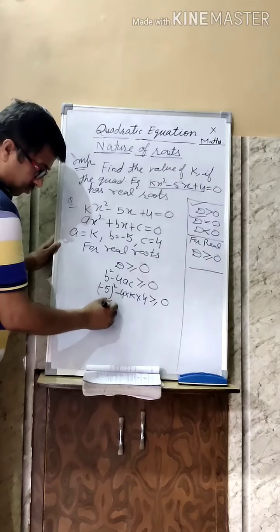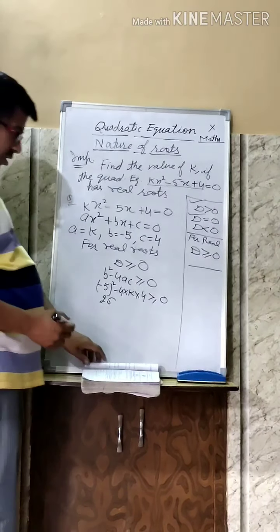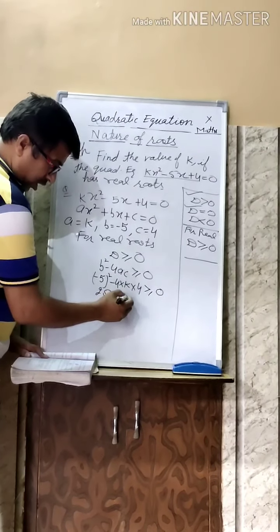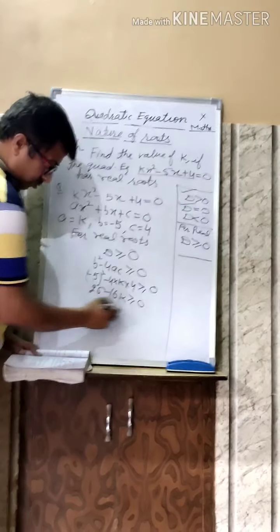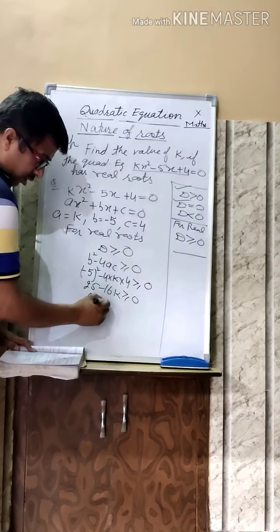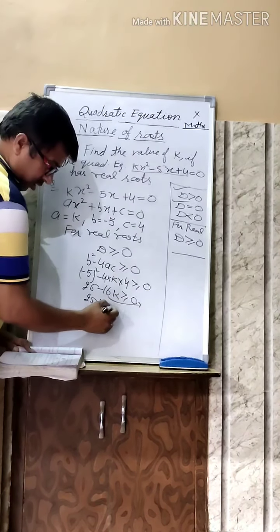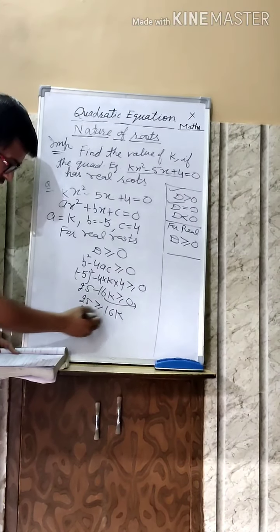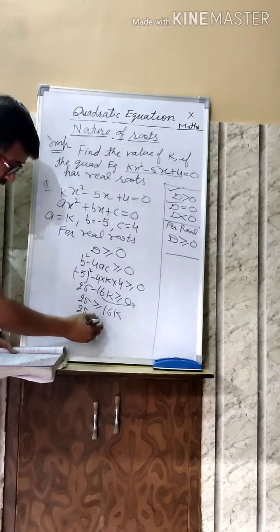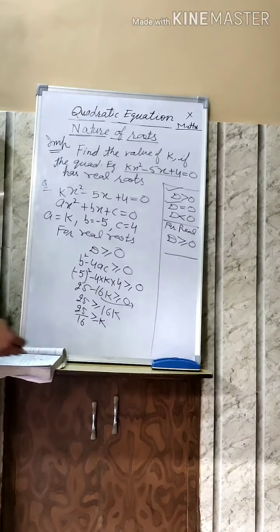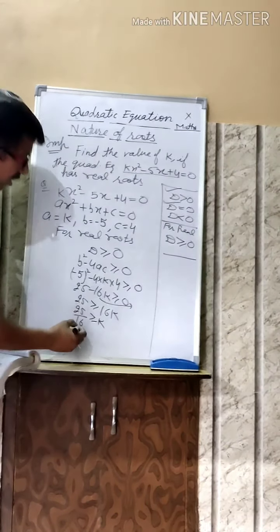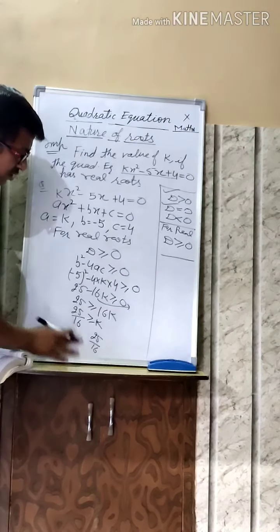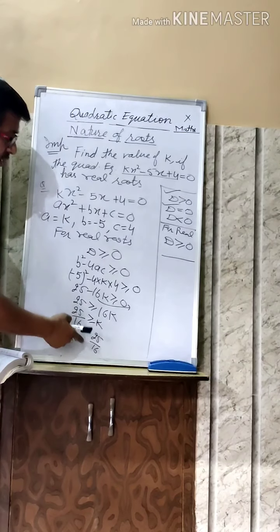So minus 5 square is 25, and 4 fours are 16k, so 25 minus 16k greater than or equal to 0. You shift that to the other side, it is plus 16k, so 25 is greater than or equal to 16k. So my dear students, if I write k here and 25 by 16 here, what do you write? You will write greater than or equal to 0.